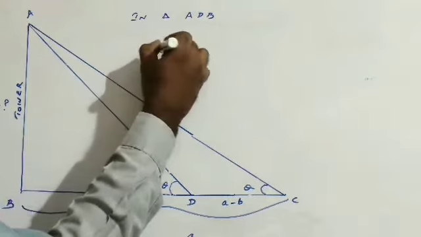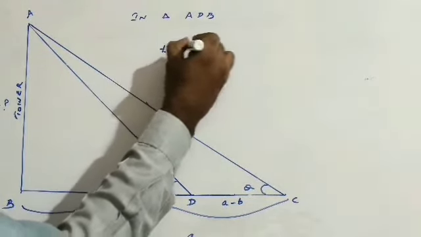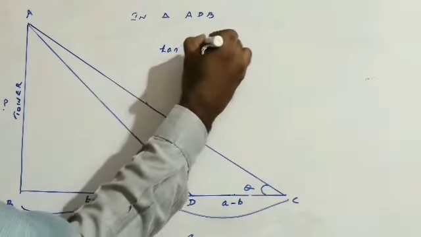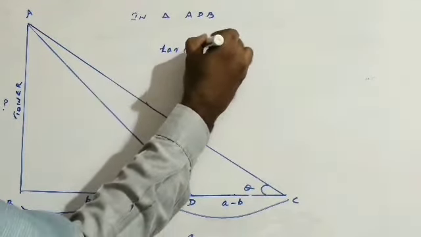So write tan of 90 degree minus theta equal to opposite side, that is H, by adjacent side, that is B. Tan of 90 minus theta, that is cot theta, equal to H by B. Consider this as equation 1.